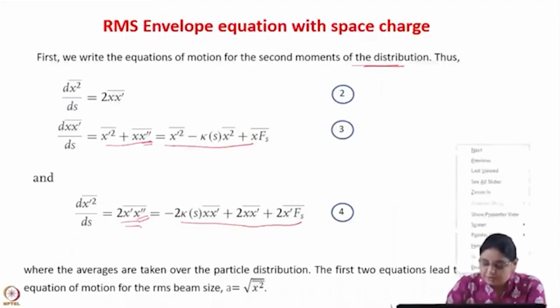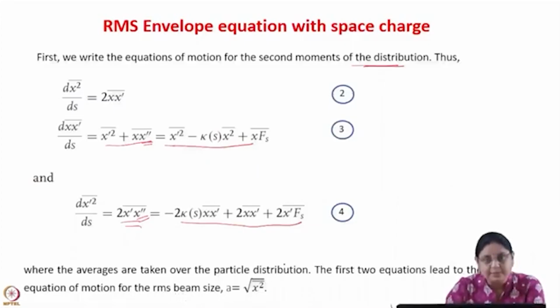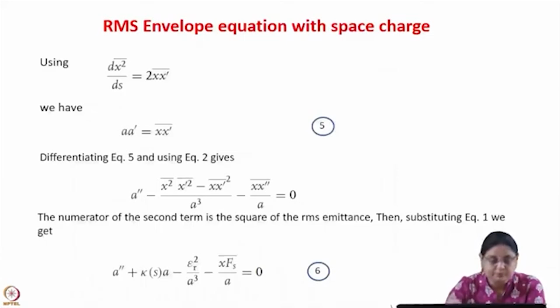Now the first two equations lead to the equation of motion for the RMS beam size. So let's call A the RMS beam size, which is the square root of x square average. Now using dx square average by ds equal to 2 x prime average, we have A prime is equal to x prime average.